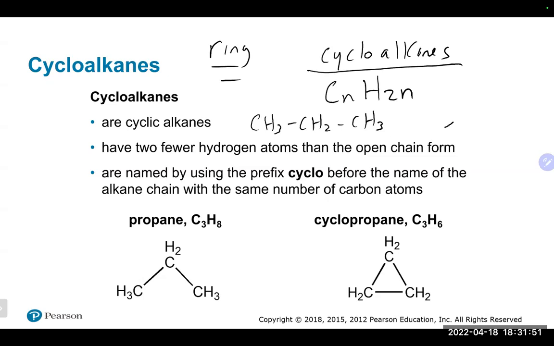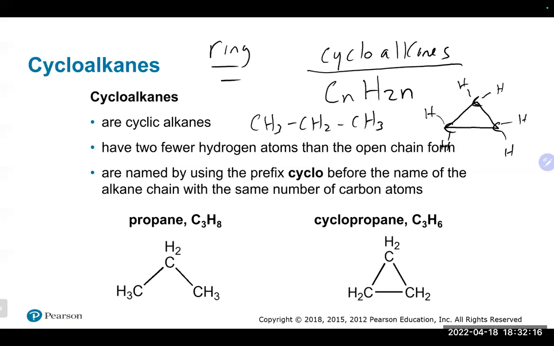Cyclopropane basically comes together and makes a triangle where each one is a carbon. And because it wraps together to make that extra bond, we lose the 2 hydrogens because each carbon in this case has 2 lines coming in, which means each one has only a need for 2 hydrogens, which gives us actually 6 total hydrogens in this case.